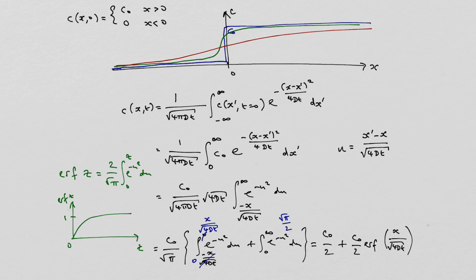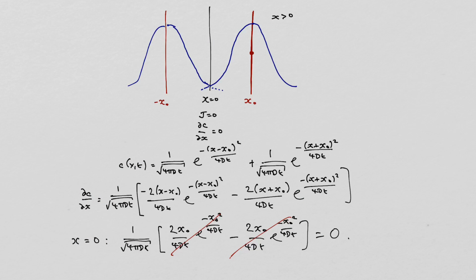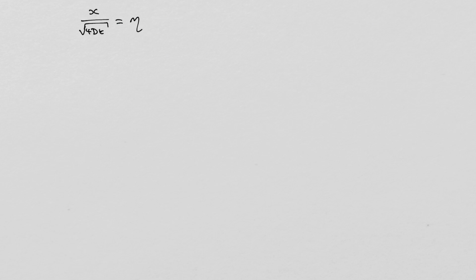So let's call that eta. Because if I look back at this previous one, in fact, this entire solution is a function of eta only. The fundamental solution is not quite eta only, but the same combination occurs there.